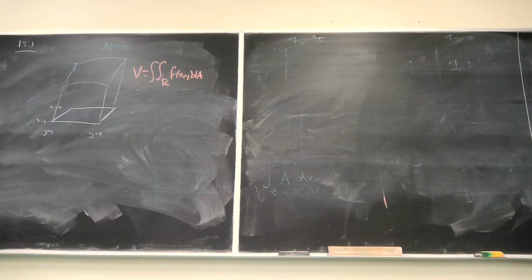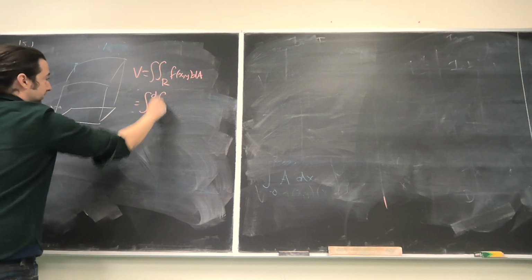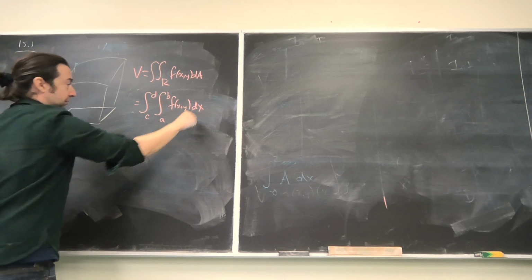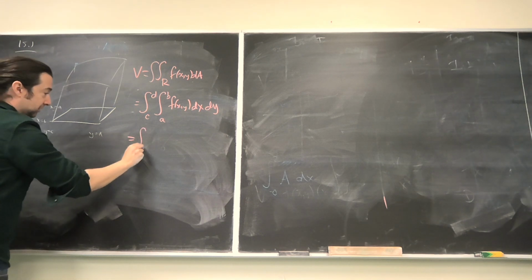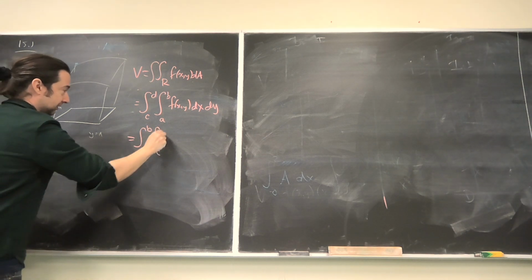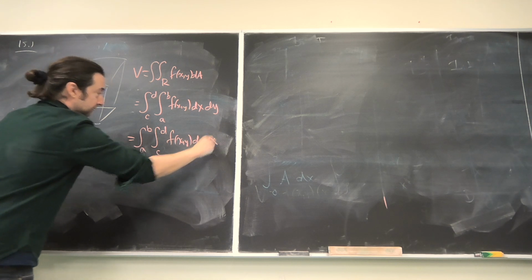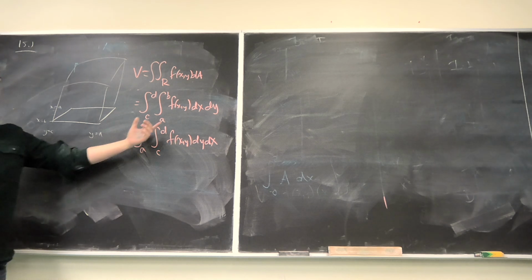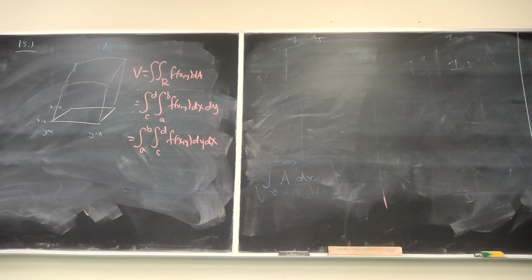But if I wanted to calculate it, I could calculate that as the integral from c to d, a to b of f of x and y, where first I integrate with respect to x and then with y. Or I could do it the other way, a to b, c to d, f of x y, dy dx. So the whole upshot of 15.1 is you can calculate volume in terms of these things called iterated integrals.